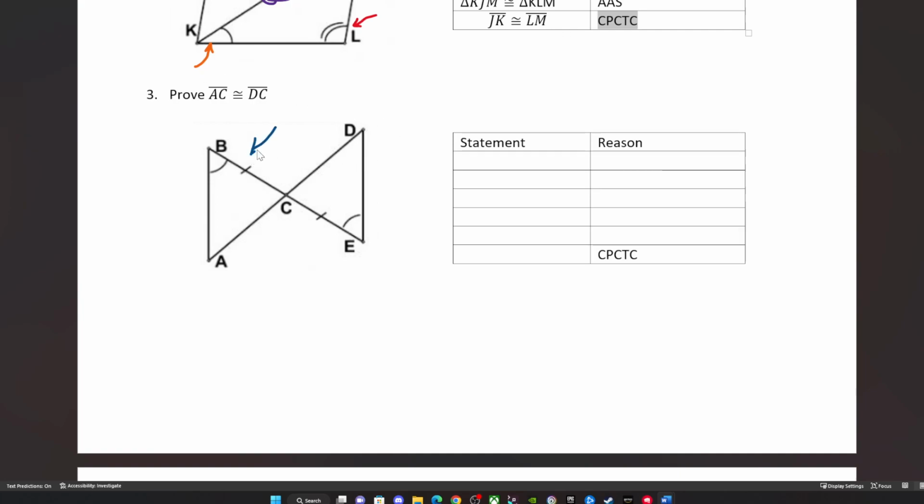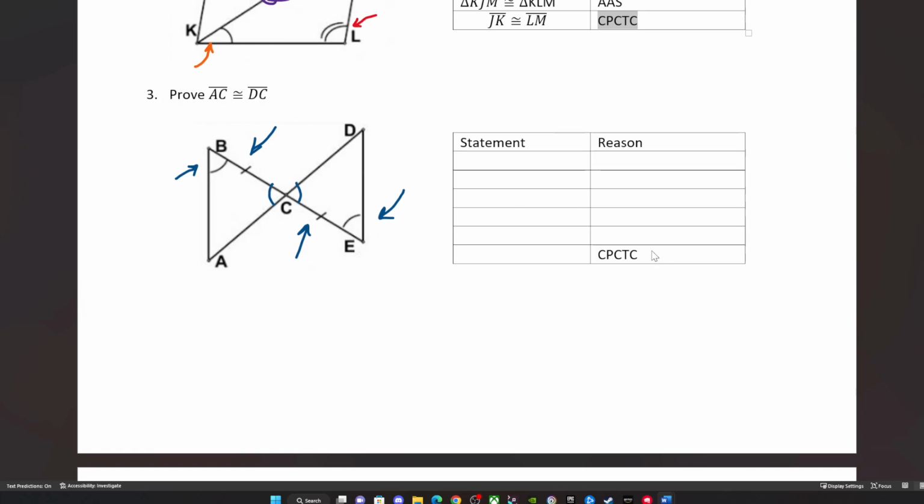But again, you can see a given statement right there, another given statement right there, another given statement right there, and notice we have vertical angles. Angle, side, angle, triangle congruence theorem. Therefore, these two triangles are congruent because of the angle, side, angle, triangle congruence theorem.